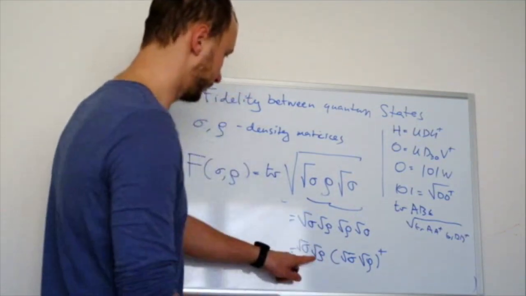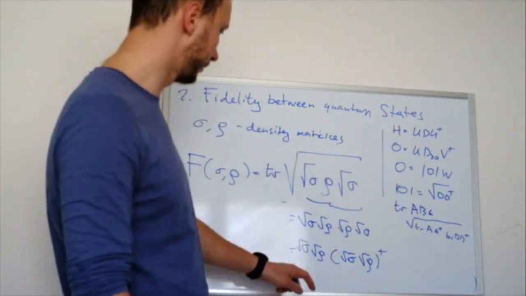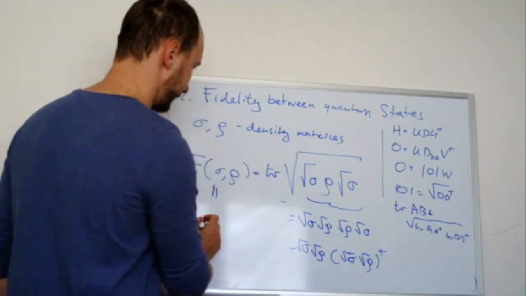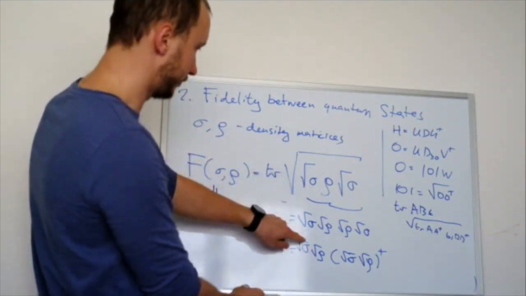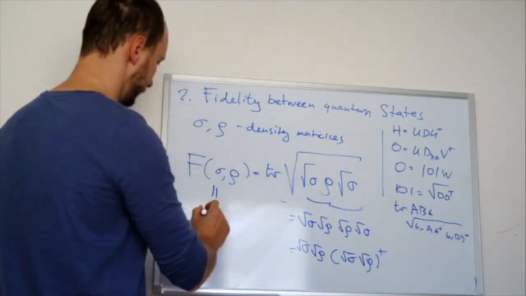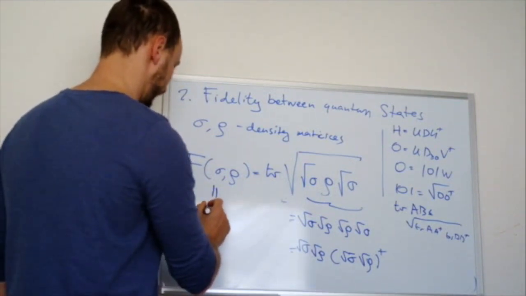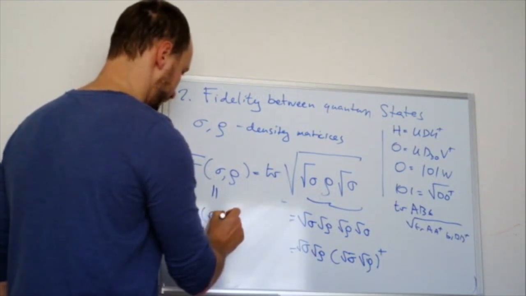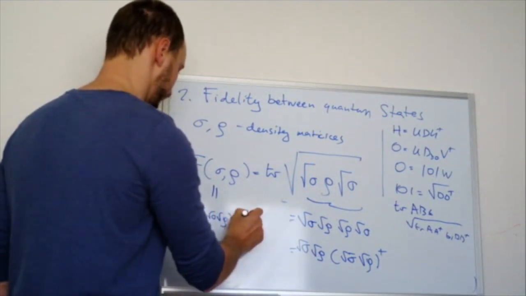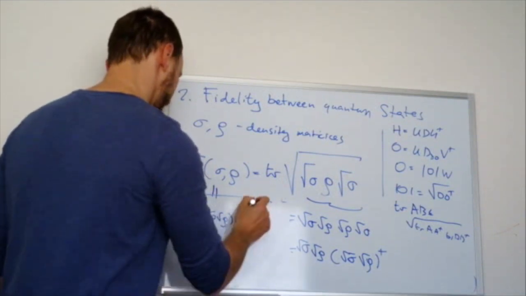This is all equal. So in other words, we have this absolute value operator showing up. So this means that the trace is, you see, it's a square root. So that is a trace of the square root of the product of square root of sigma and square root of rho, and the product of square root of sigma and square root of rho conjugate.